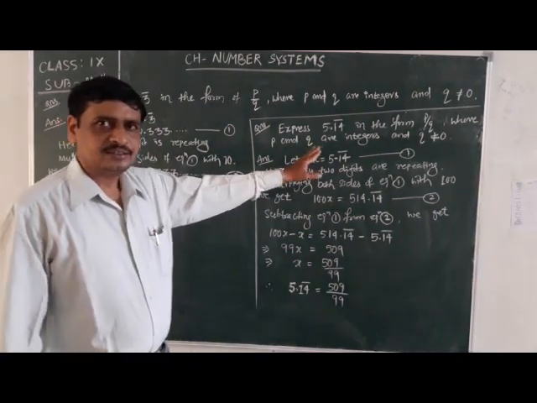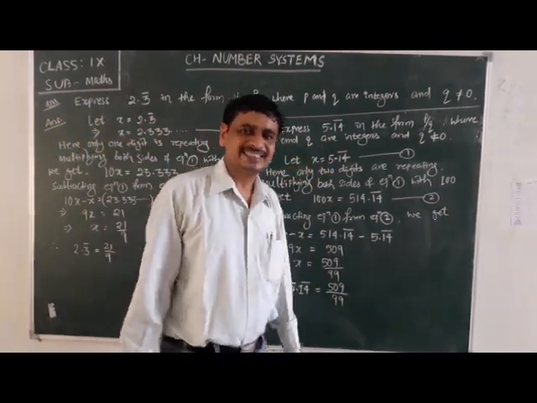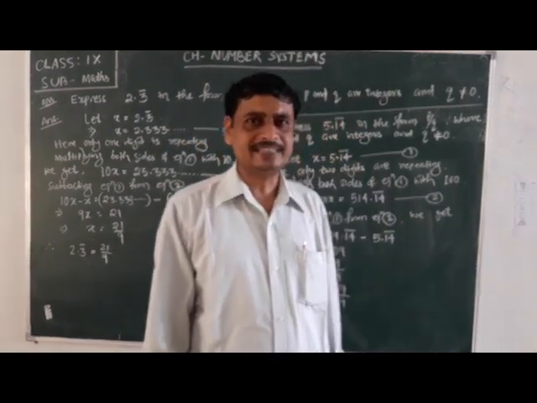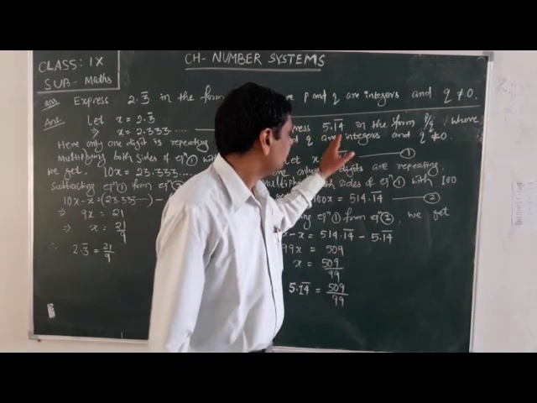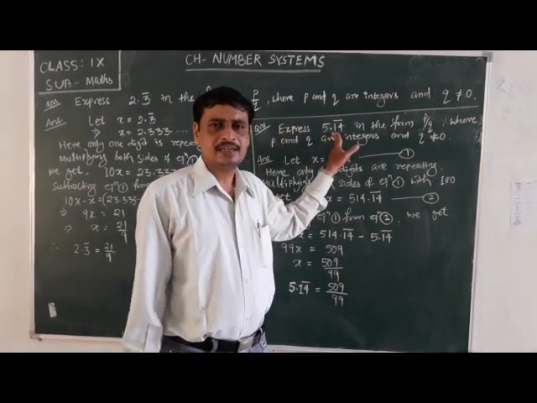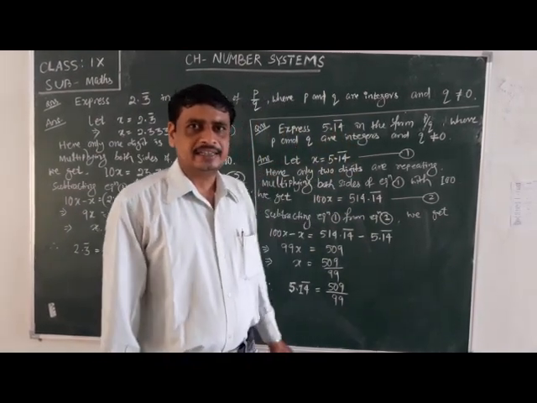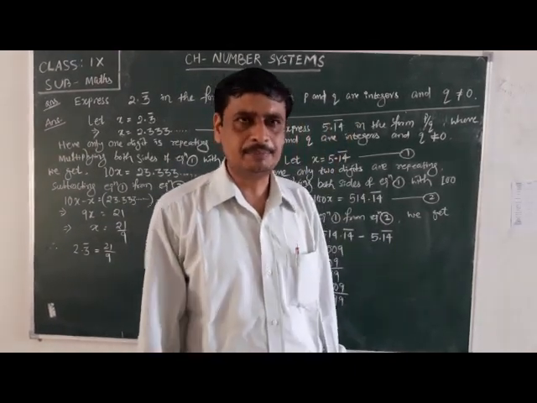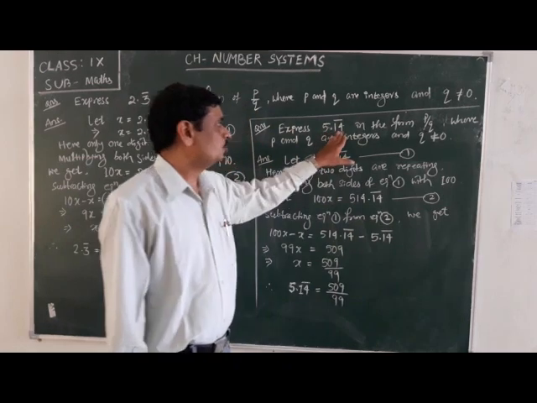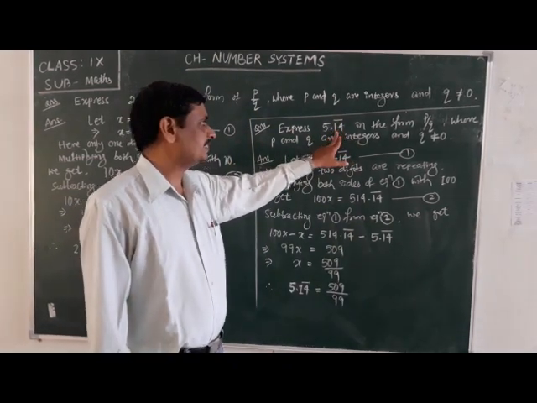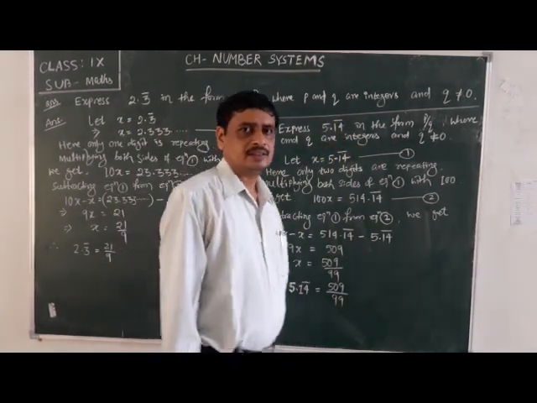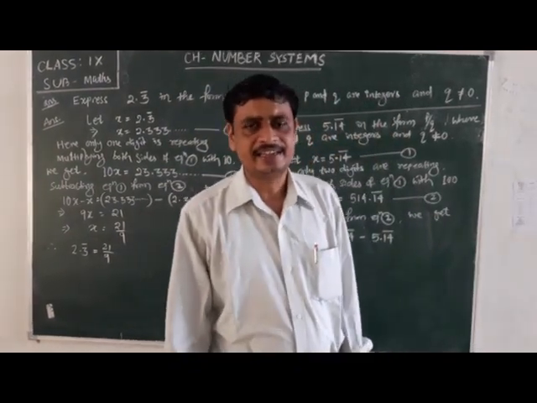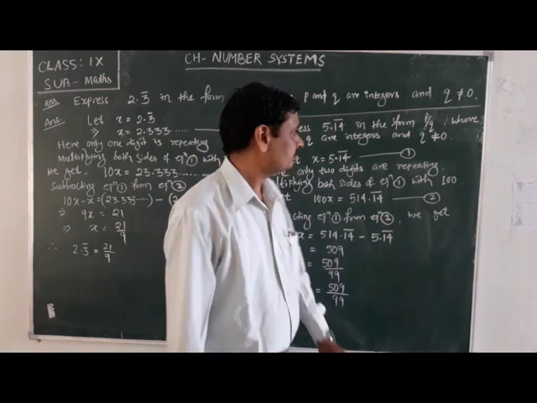In the first case, we observed the decimal part containing only one repeated digit, but here this number contains two digits which are repeating in its decimal part. In 5.14 bar, this 1 and 4 are reoccurring again and again in its decimal part.